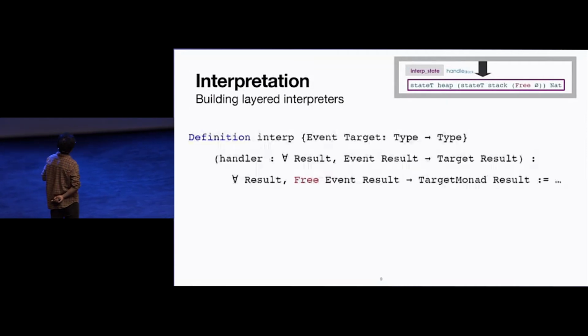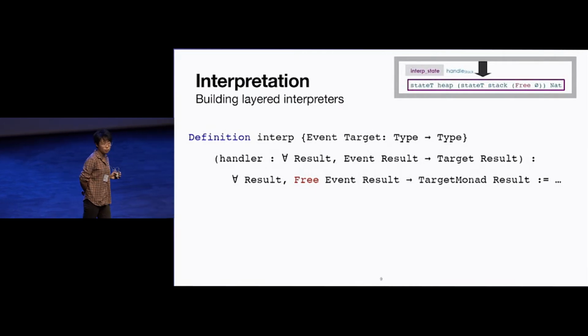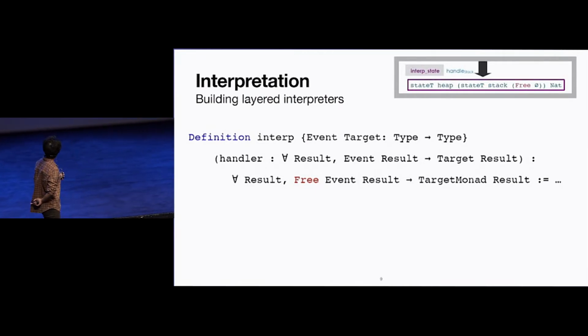So how do we build layered interpreters? This is just the type signature of the interpreter function of the original ITree library. Given an interpretation function for a given free monad, you are parameterized with an event type. Just to remind you, that's the family of events, that's why it's type to type, that describe the operators of your program, and then a target monad, which is the target of interpretation.